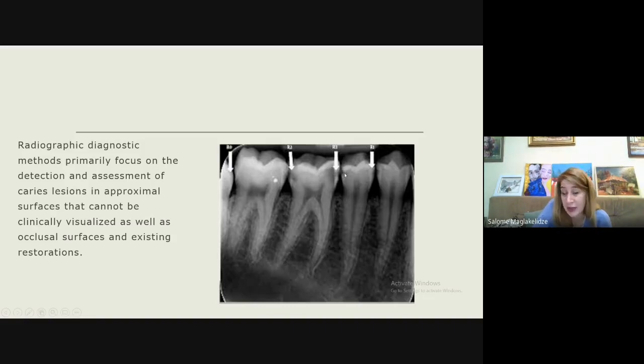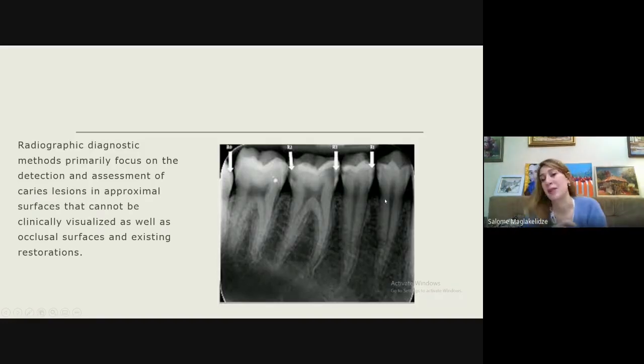And here too, the same. You could see in proximal spaces, we have demineralization of the enamel, and already a little demineralization under the enamel too, in the dentin. And here also the demineralization takes place in the adjacent place of the tooth, on both teeth.